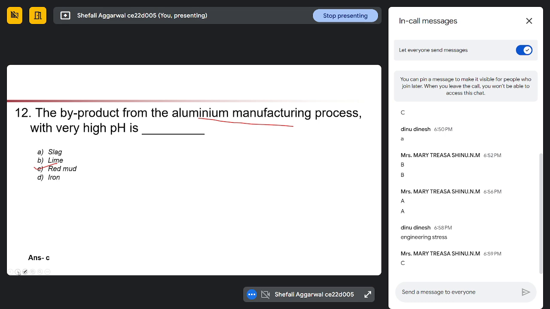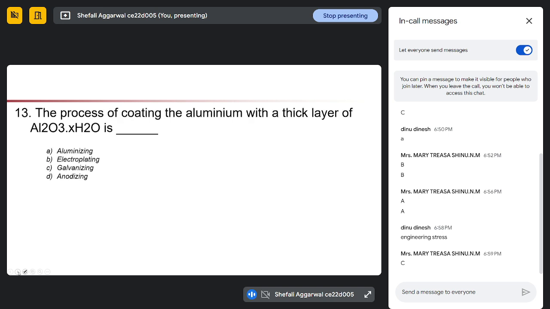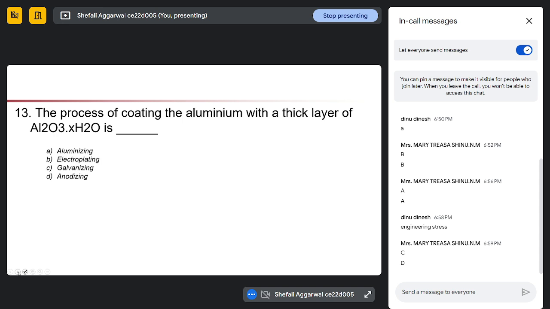The correct answer is C. The 13th question is, the process of coating aluminium with a thick layer of aluminium oxide is called aluminizing, electroplating, galvanizing, or anodizing. D is the correct answer. Anodizing is the process where we make a strong, thicker layer of oxide film over the metal surface.